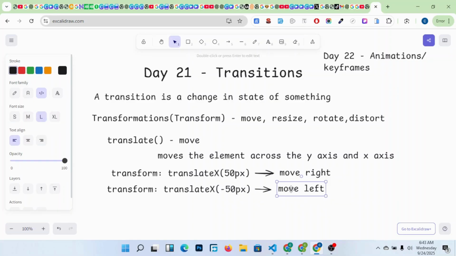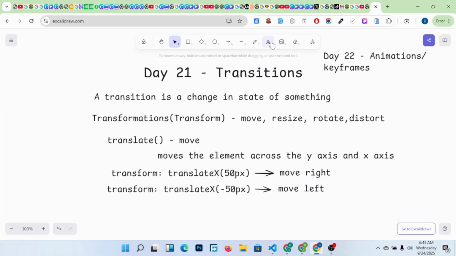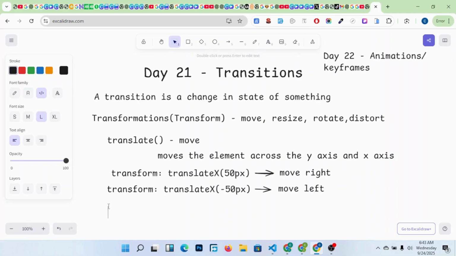So you will see something like this. If I come here and give another example, transform, translate, then I come here and say y, transform translate y, then I say 50 pixels.